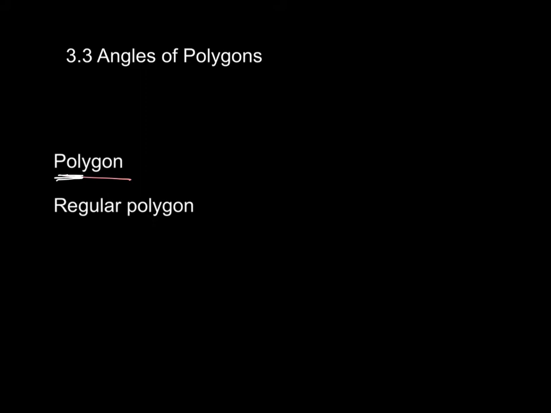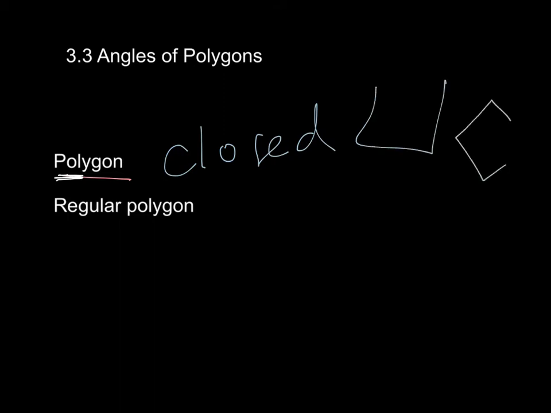Closed is an important word, right? This is not a polygon. That is not a polygon. They have to be closed. A plane figure made up of 3 or more line segments that intersect only at their endpoints. Okay? So, a circle, not a polygon.